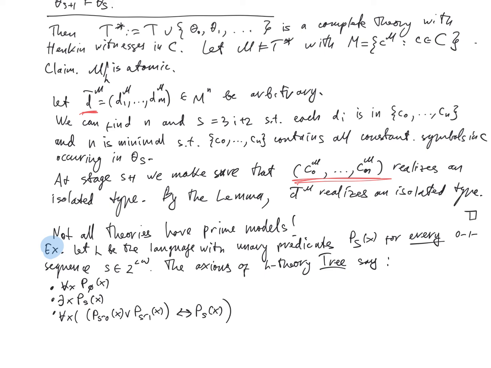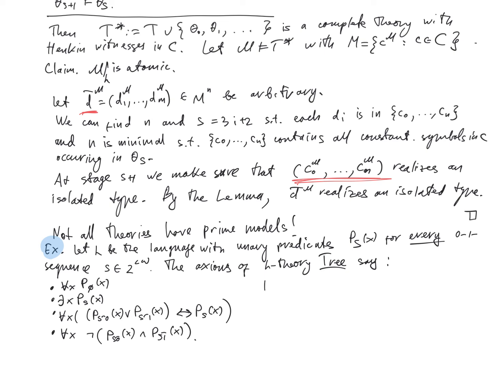So each predicate P_S gets split into two parts corresponding to the extension of the sequence S by 0 and by 1. And finally, for all x, we have not P_S0 of x and P_S1 of x. So all the predicates corresponding to continuation of a sequence S by 0 and by 1 are disjoint.